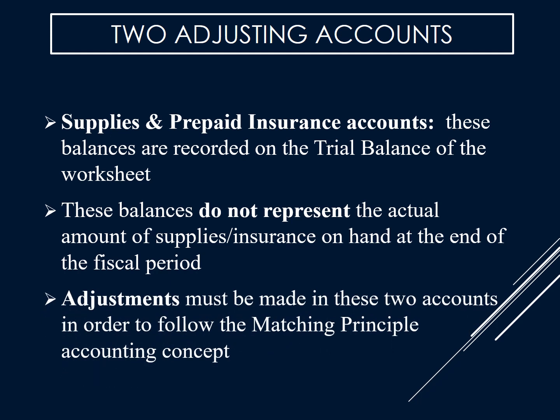Remember, as I stated earlier, we purchase supplies and we purchase prepaid insurance, but as the period goes on, we actually use up portions of these amounts that are in these accounts. So we have to make an adjustment to these two accounts in order to follow the matching principle.